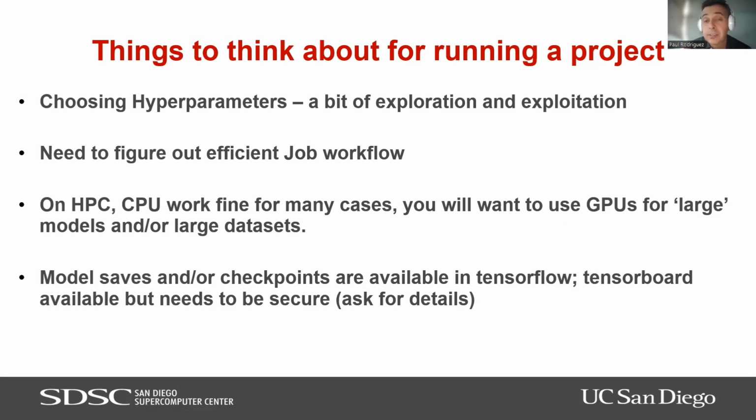It's nice to develop on a CPU, and that's possible. When you have bigger workflows, bigger models, and bigger data sets, there are ways to run it so that you have a checkpoint and can reload a model and start retraining from a certain point.